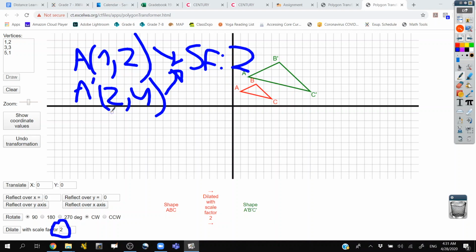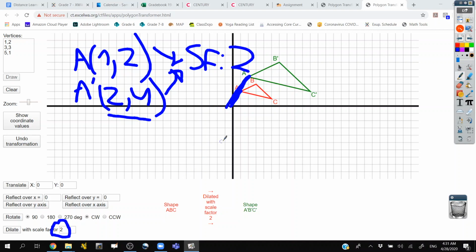So the coordinates get multiplied by 2. What else do we see? You see the distance here, this distance is twice as big. So that's all we have to do with dilations, is that things will either enlarge or they will reduce.